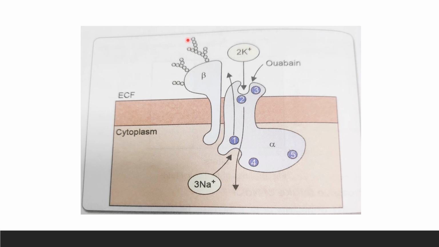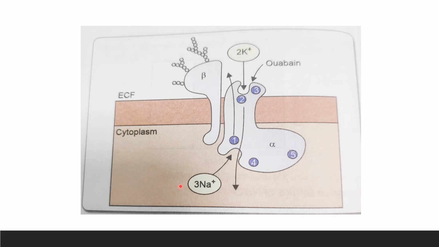So what should be the normal tendency of the sodium? To move from outside, extracellular, to intracellular, as the concentration is higher outside the cell. But here, with the help of this pump, 3 sodium ions are moving out of the cell, against the concentration gradient. We will also see that intracellularly it is negative and extracellularly it is positive.